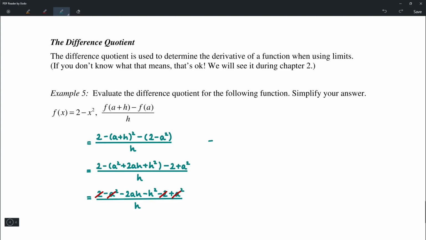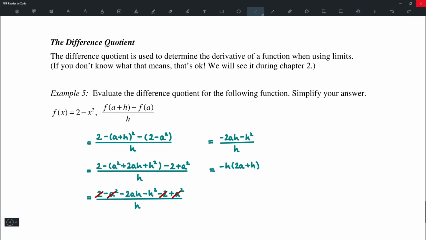So let's continue to the right-hand side here. We now have negative ah minus h squared all over h. We can factor out negative h from here. Be left with 2a plus h.